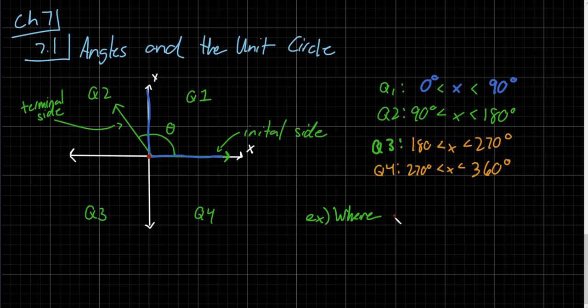Okay, what about where is 480 degrees? What quadrant is that in? I want you to draw it. Draw it moving around from the initial side to where the terminal side would be. Where is 480 degrees? What quadrant are we in? Always start at 0 degrees and then go around until you would hit 480.